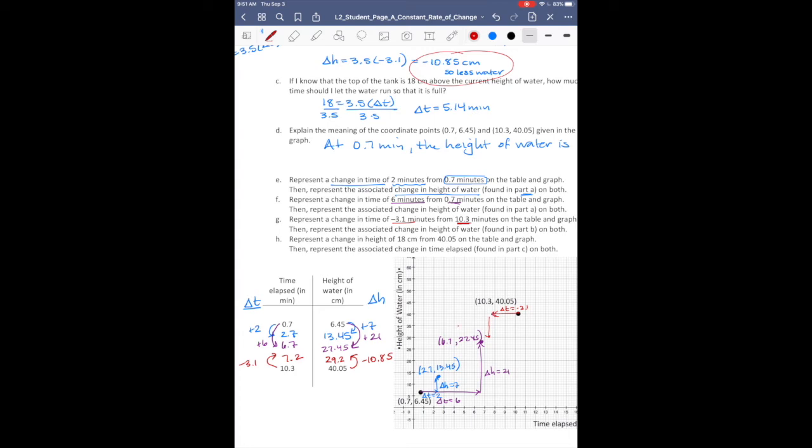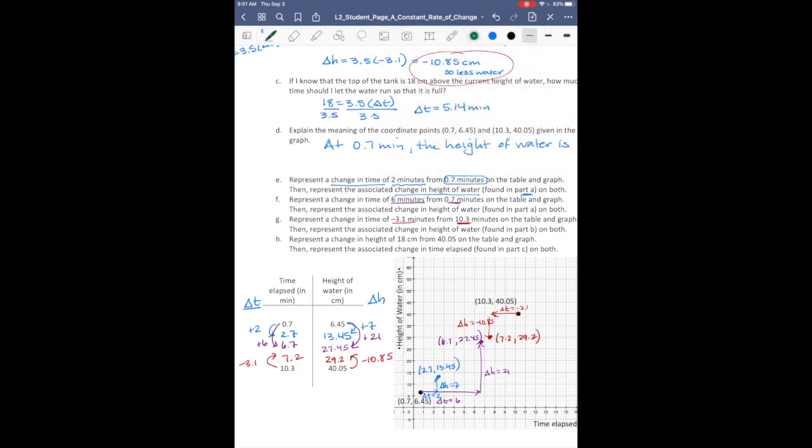And so this change in height here is negative 10.85. And so now we have a new point there. I feel like I'm a little bit off, but it's close enough. That is at 7.2 minutes. The height of the water is 29.2 centimeters.